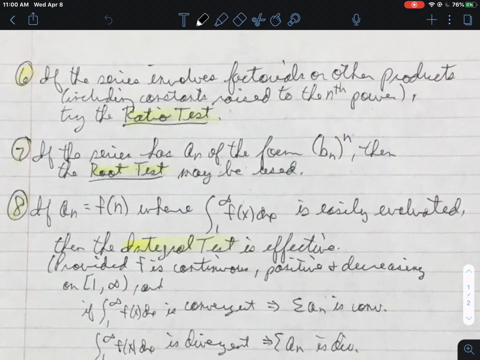Number 6, ratio test. We said that's our test for absolute convergence, and then possibly convergence from there. If you're looking at a series that involves factorials or combinations of different types of expressions, like products of different things, then using the ratio test to determine absolute convergence may be a route you can take.